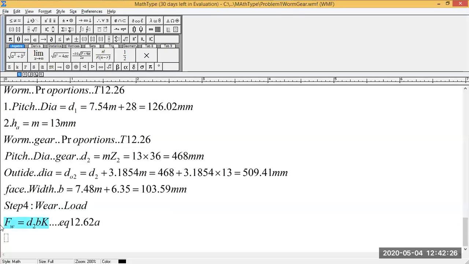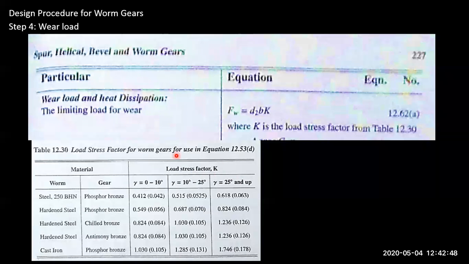So D2 I think we already have. This is with respect to gear, so we already found the values required for the gear. D2 is right here, 468, into B, also found, 103.59. That is B. And what about K? For K, he has given here the load stress factor depending on the gamma angle.